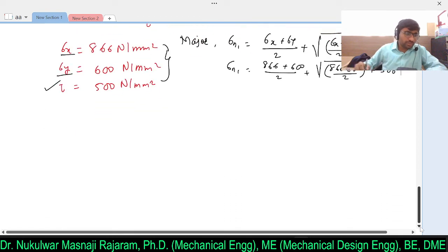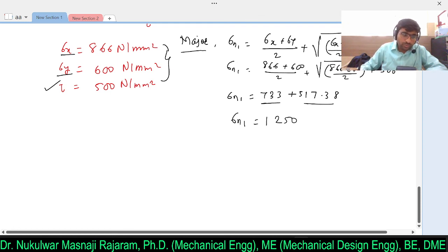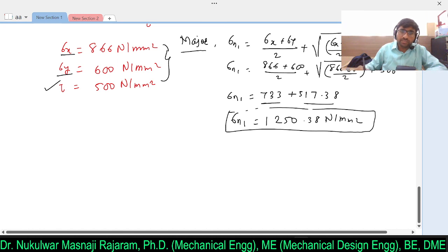So from this I will get the value of sigma n1, that is major principal stress, equal to 733 plus 517.38. Why am I writing these two separately? Because I need to evaluate the minor principal stress also. So the major principal stress will be equal to 1250.38 Newton per mm square. So this will be the major principal stress.